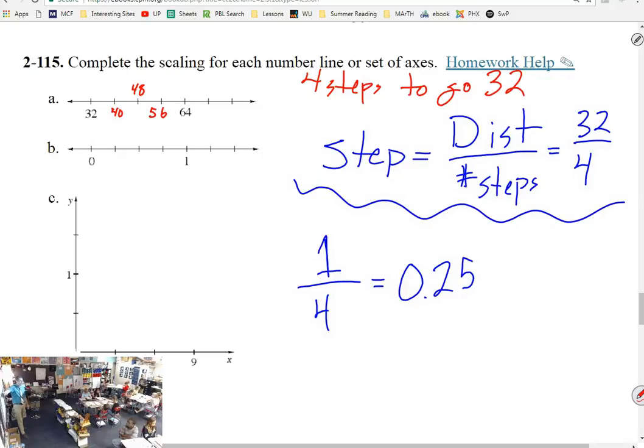Now down here, 0, my first step gets me to 0.25, then half, then 75 hundredths. There we go. Now we'll do the same thing on the other graph axis. Whether it's vertical or horizontal, doesn't matter. We do the same process. Distance divided by amount of steps.